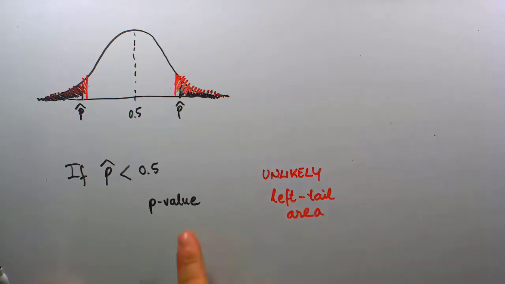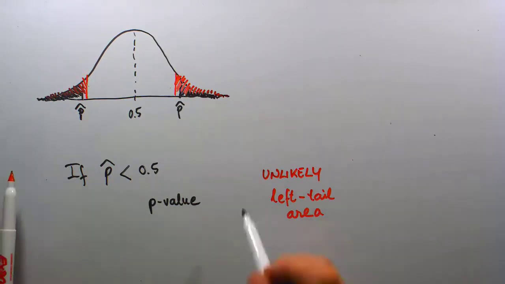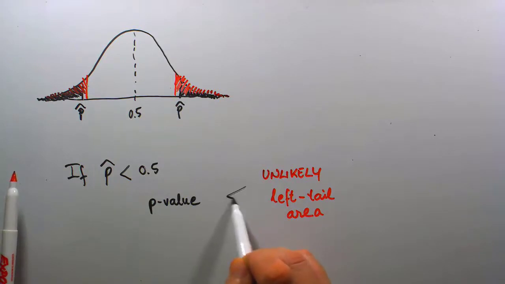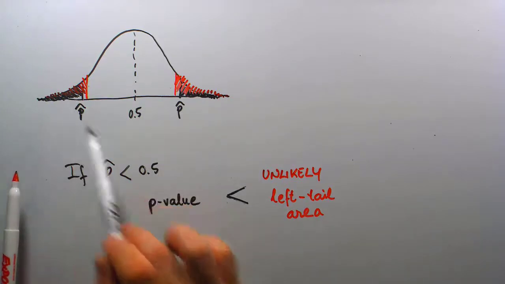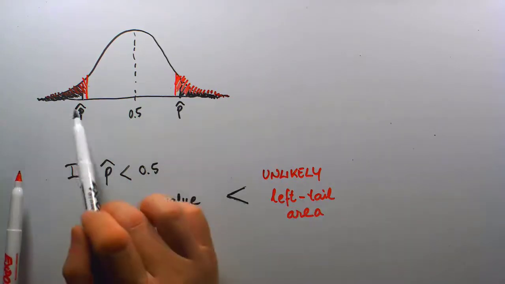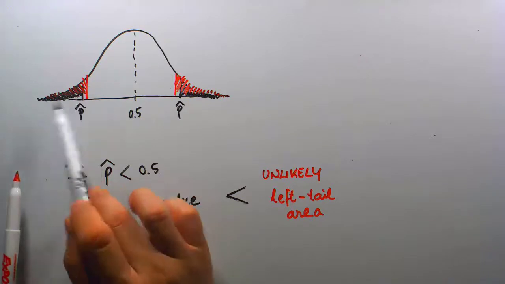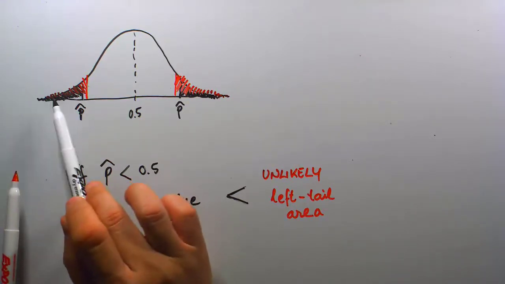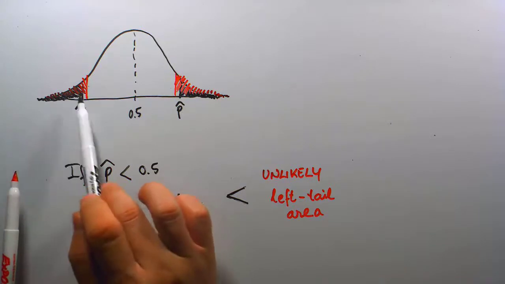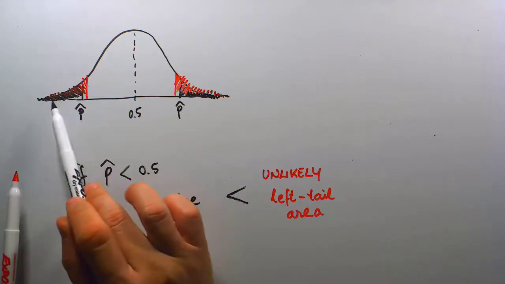And so if the p-value turns out to be less than the amount graphically represented by the unlikely red left tail area here, then once again we can say that our p hat would fall into the unlikely area on the left tail, or p hat would be among the unlikely p hat sample proportion values.